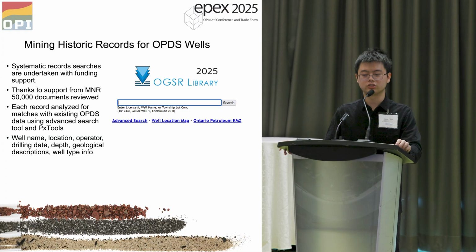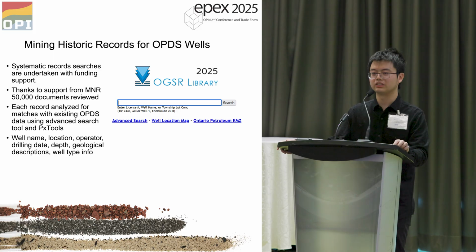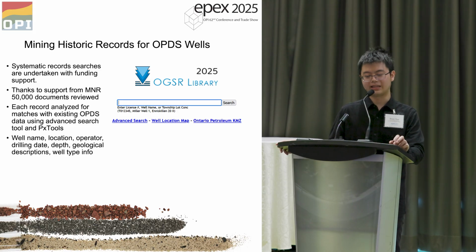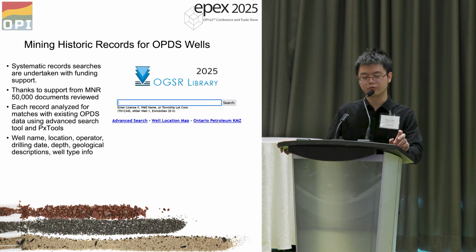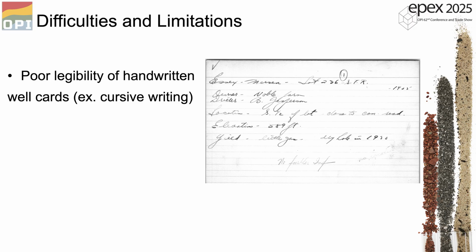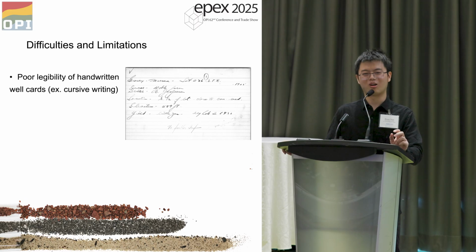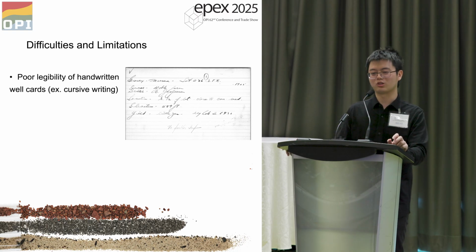In the library, we use the advanced search tool mentioned by Matt earlier. We cross-reference the well documents' names, depths, and other information like the formation logs to help us match the well cards with the OPDS information. For the difficulties and limitations during this matching process, the poor legibility of old handwritten well cards didn't help, plus the use of coarse writing during that time makes the work a bit more difficult.